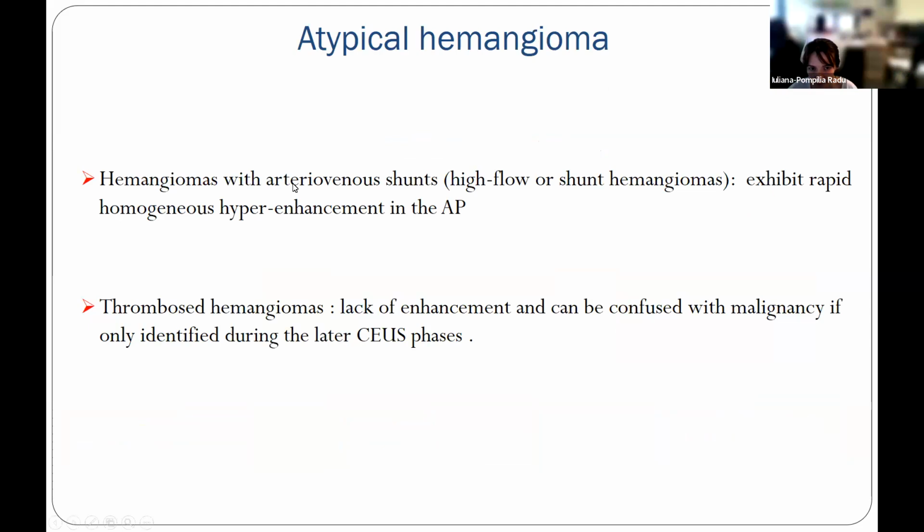And here comes the main differential diagnosis with the metastasis. Thrombosed hemangioma also can put us problems, we don't have an enhancement, and we can have also differential diagnosis with the necrosis of the malignant lesions.